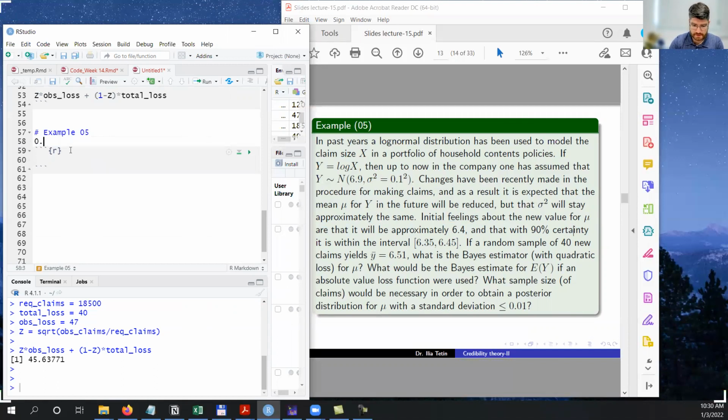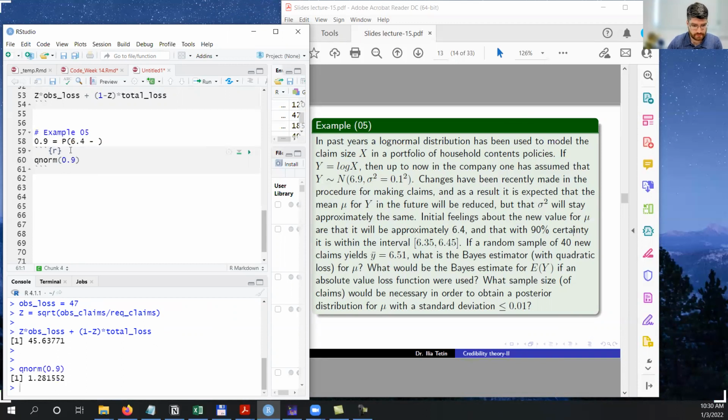So 0.9, this is the 90% certainty, will be equal to the probability that 6.4, our mean, minus qnorm of 0.95, which is 1.64. So why am I using 0.95?